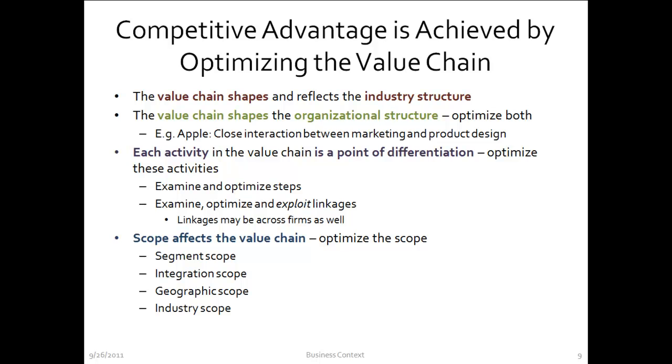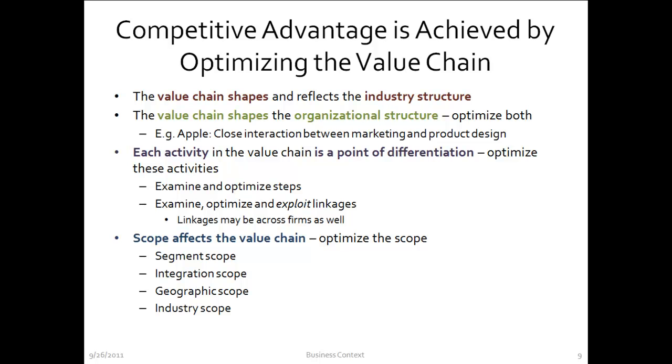It should be no surprise to you that Apple's product design group, the group that designs the aesthetics and the look and feel of its products, is tightly integrated with the engineering design group, the group that designs the computing part of the Apple computer. Primarily because they want these two groups to work so closely together, they're part of the same group, because Apple differentiates itself on its product design.